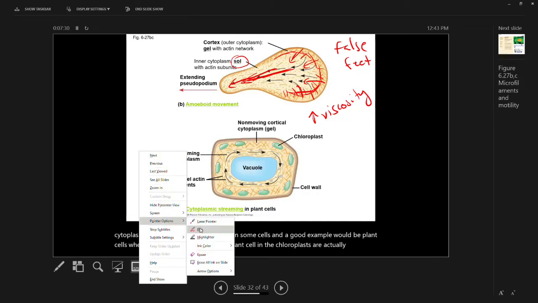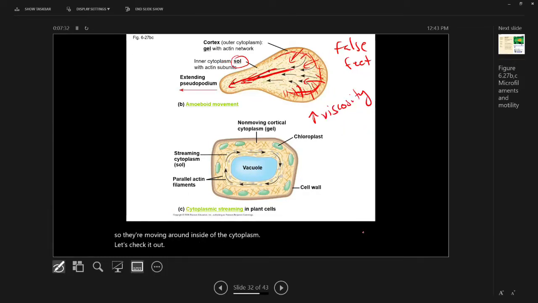Let's check it out. What happens here is that these actin microfilaments are grabbing onto the organelles, like the chloroplasts, and pulling them along. And they're handing them off from one filament to another, causing this movement of the cytoplasm and pulling the chloroplasts in that direction. So they're all moving around in there, and that has certain advantages.